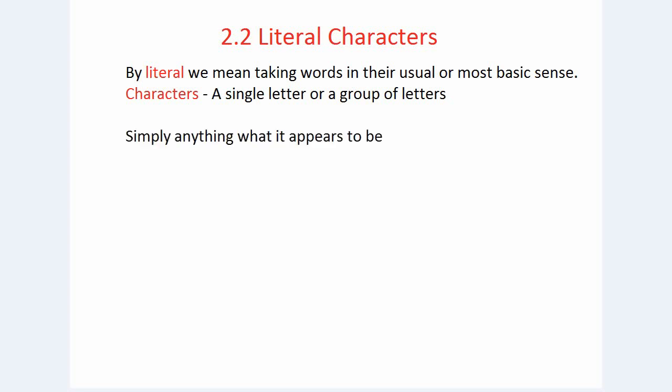It is simply anything what it appears to be. Just like A means A, B means B, cat means cat, car means a car, and a combination of numbers 9211 means 9211. Simple.